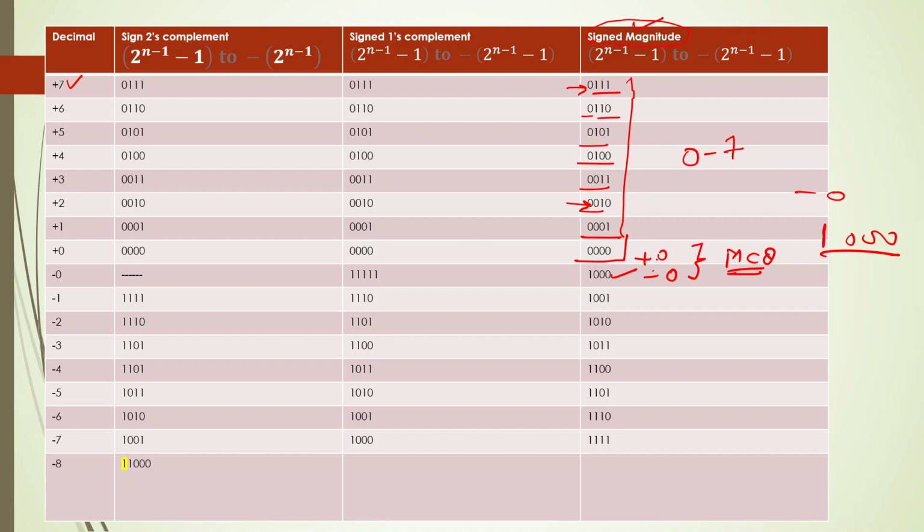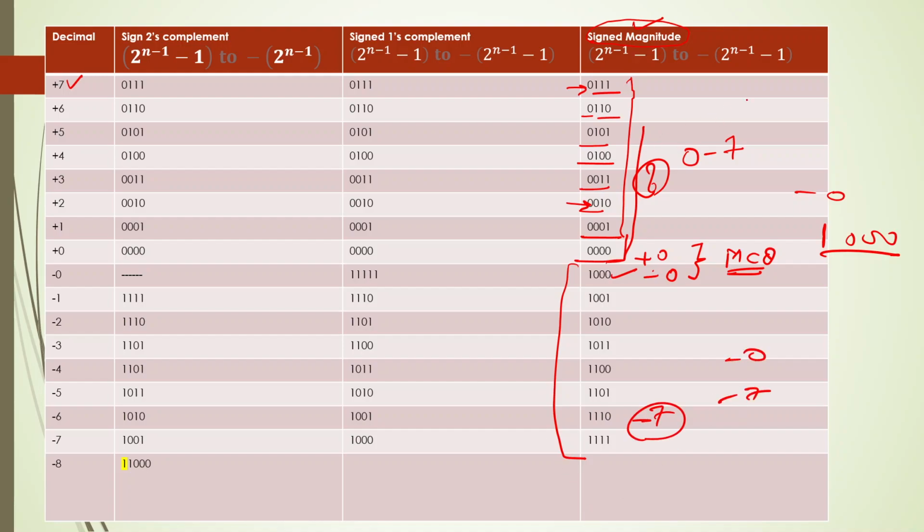In an exam, we can say that in signed magnitude, without 1's complement and without 2's complement form, we have 2 zeros. Then this is 0 to 7, 8 numbers, and again 0 to 7 on the negative side: minus 0 to minus 7.